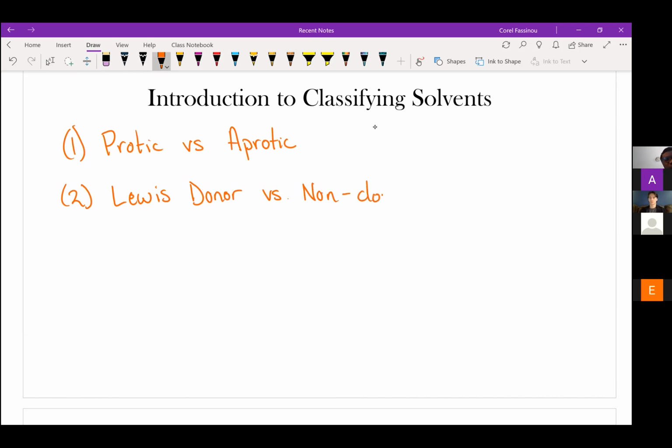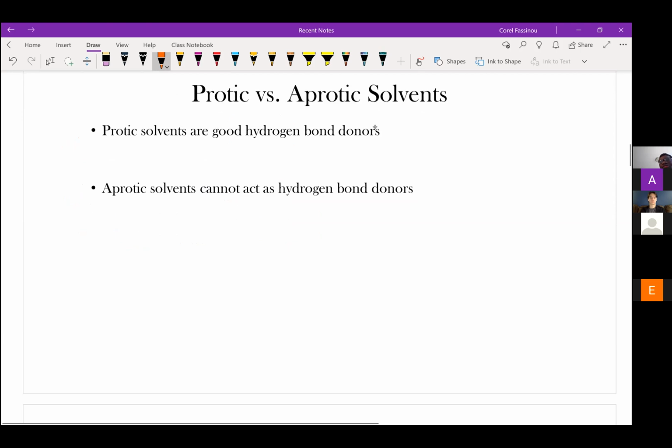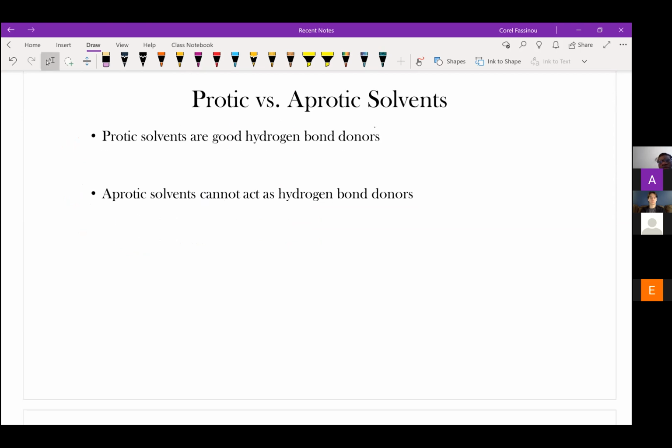And then three is going to be the polar versus non-polar. And so these kinds of solvent classifications are going to play a role when we're determining between SN1, SN2, E1, and E2. So let's start with the first one, the protic versus aprotic solvents.